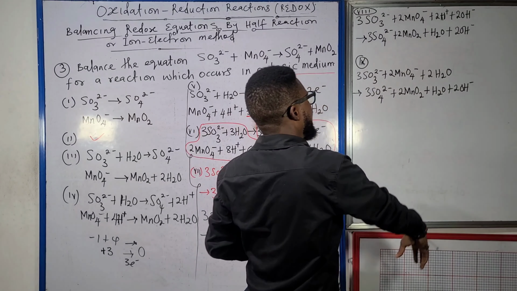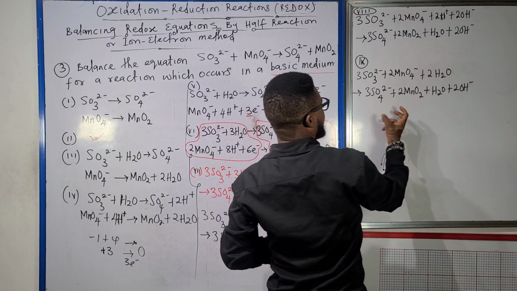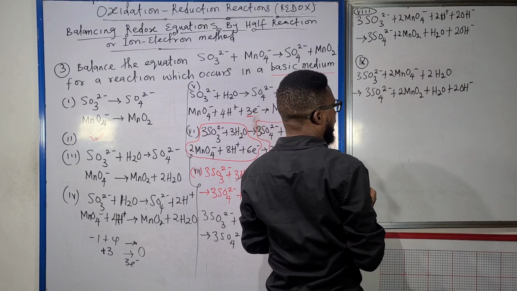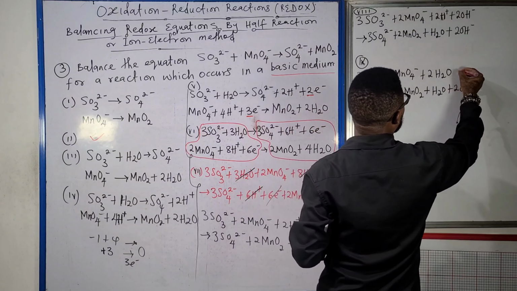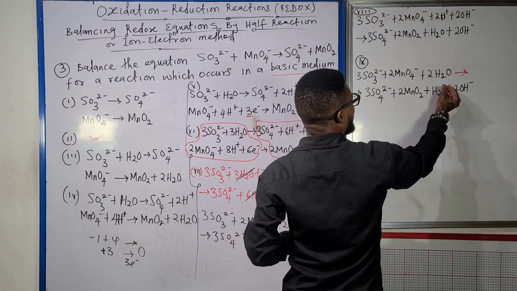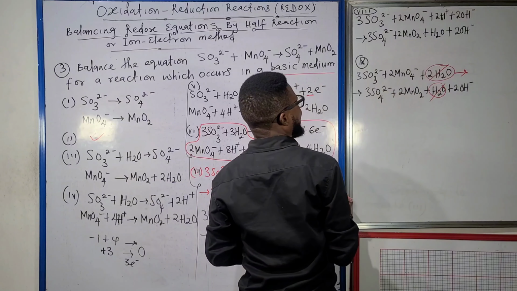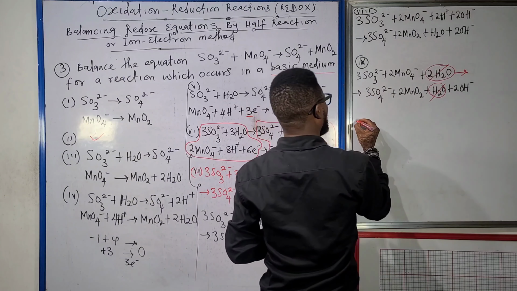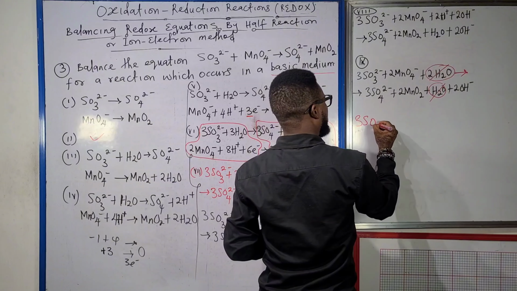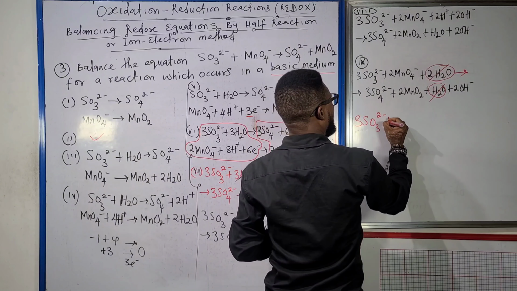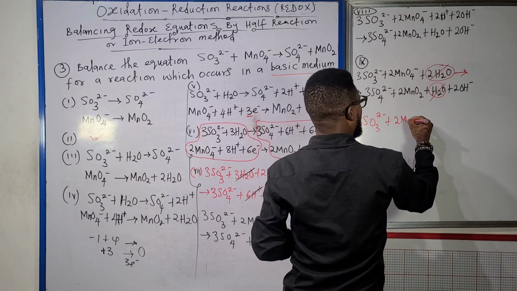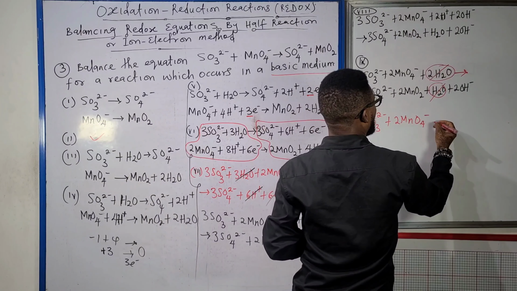So what's going to happen here is that we are going to collect the water to one side. I have two H2O on the reactant side. I have H2O on the product side. So the water here is going to take out one out of the water here, so that my balanced equation is 3SO3 2 minus plus 2MnO4 minus.